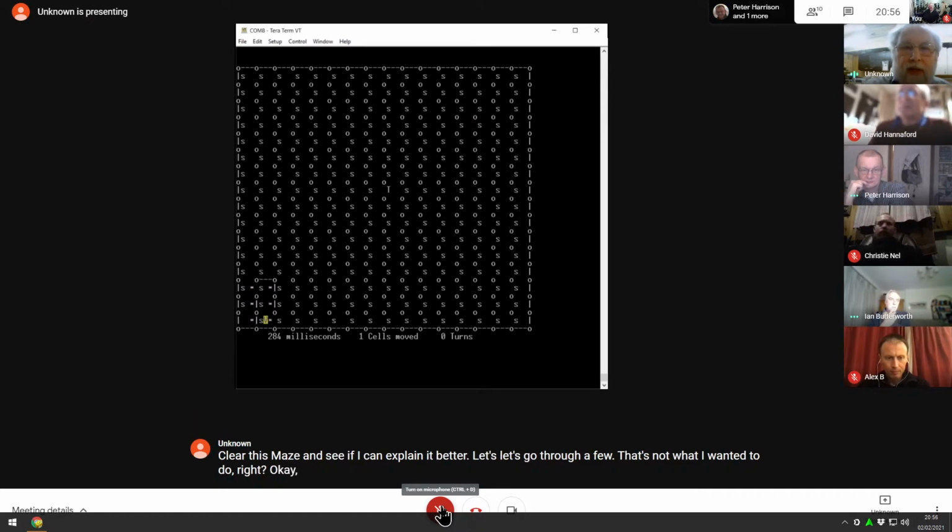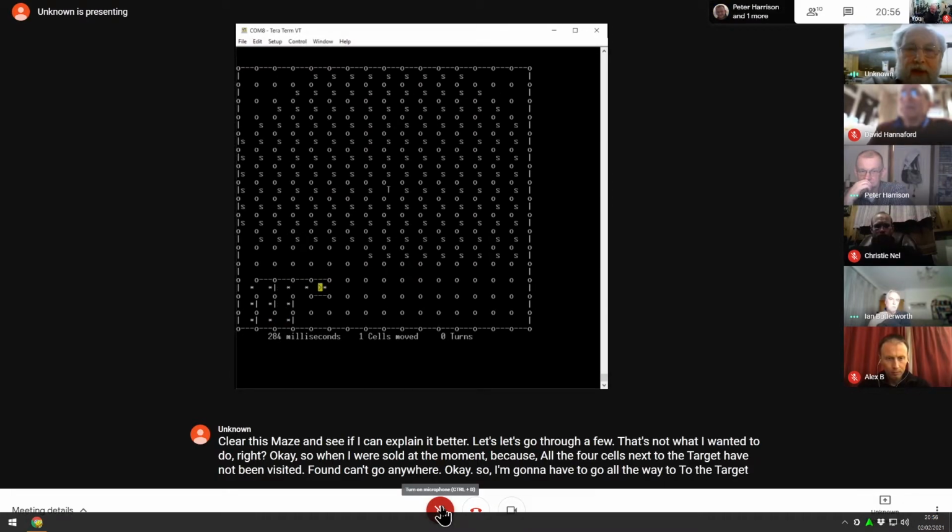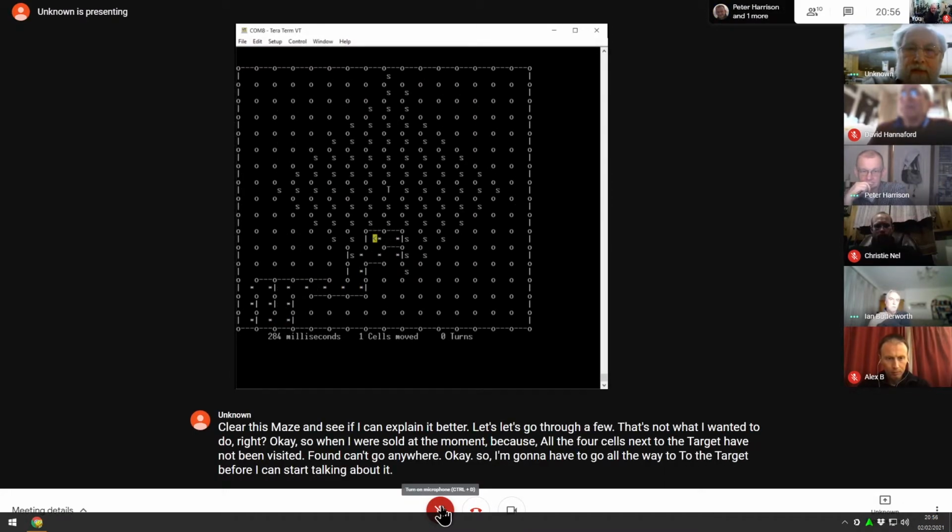Okay, so when I do a solve at the moment, because all the 4 cells next to the target have not been visited, found can't go anywhere. So I'm going to have to go all the way to the target before I can start talking about it.